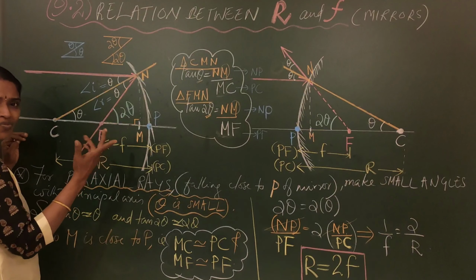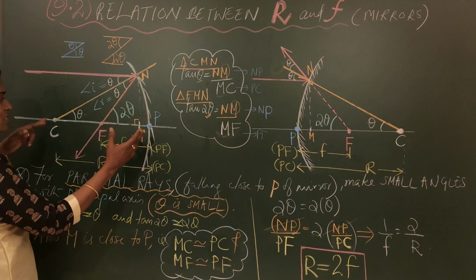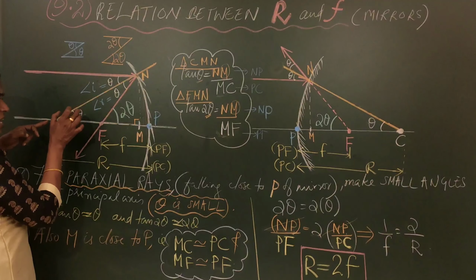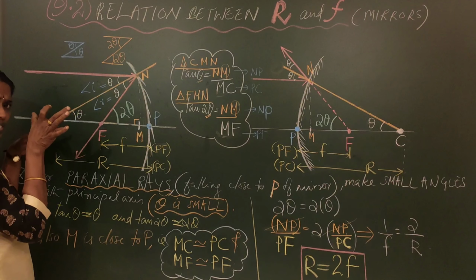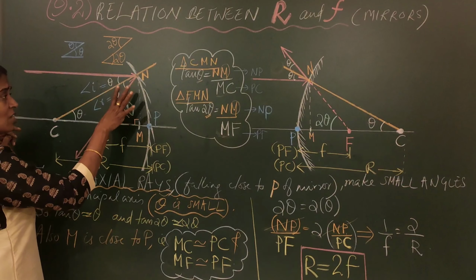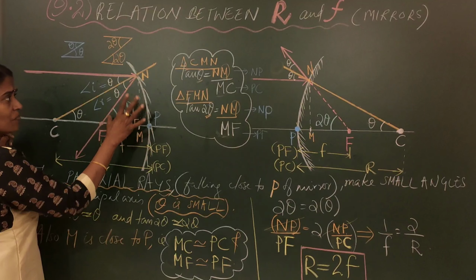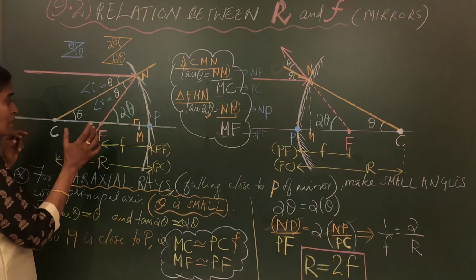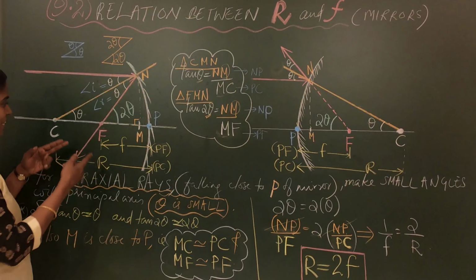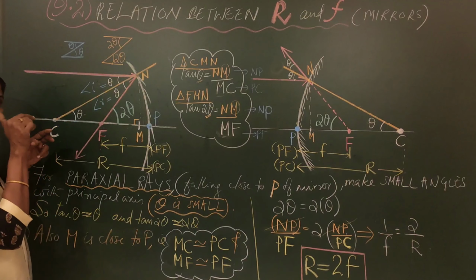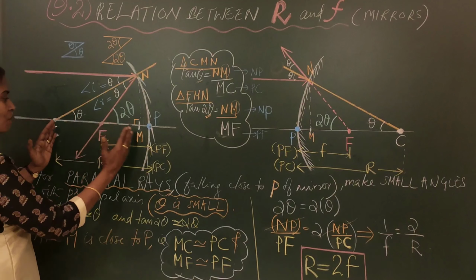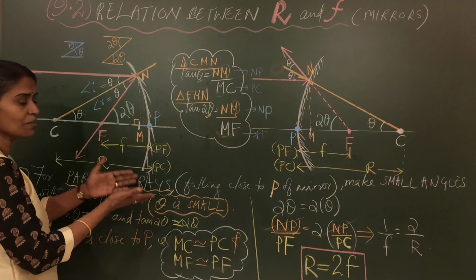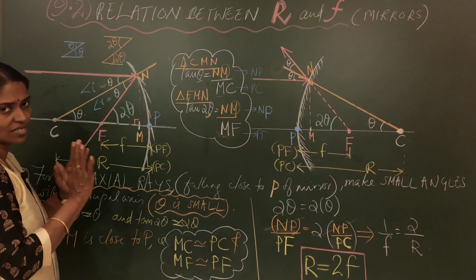What is FP? Focal length F. It is the same as CF. Whatever be the value of CF, the same will be the value of FP when N comes close to P. So FP same as CF means what? If this is F, this has to be F, meaning F plus F will be R. That's enough. But this is how it is described in NCERT, hence I took the same pattern.